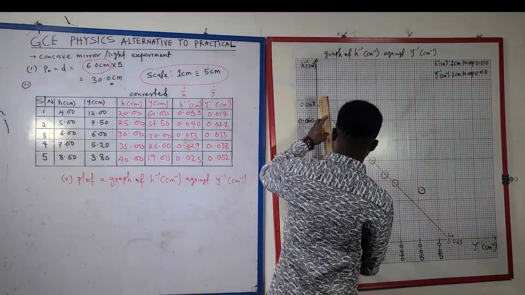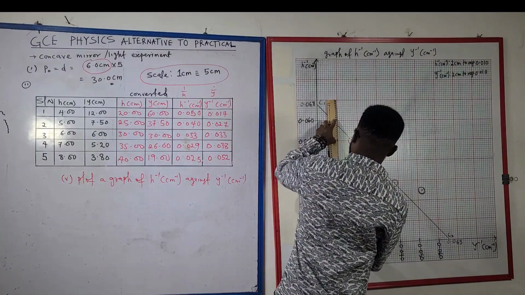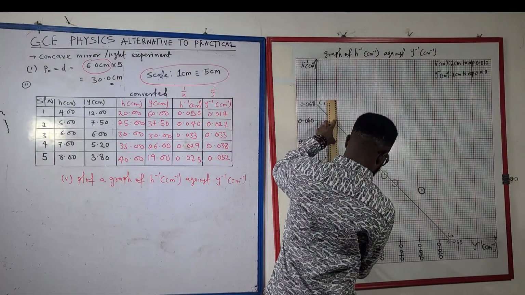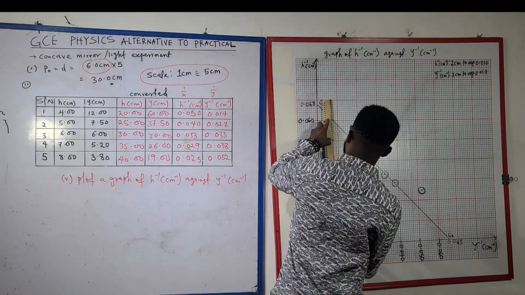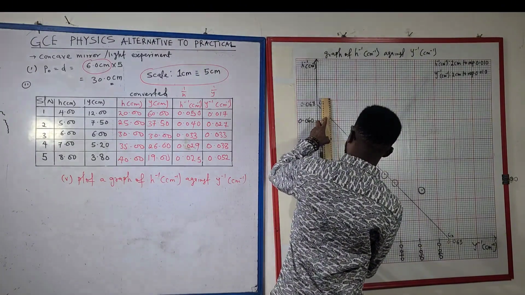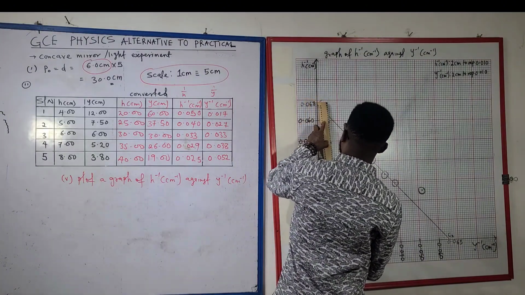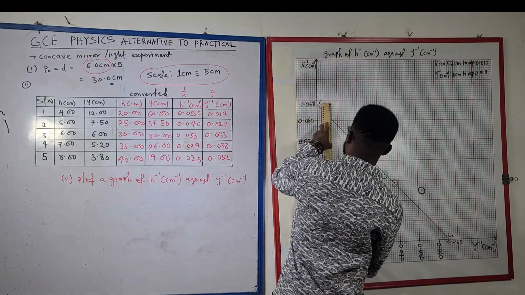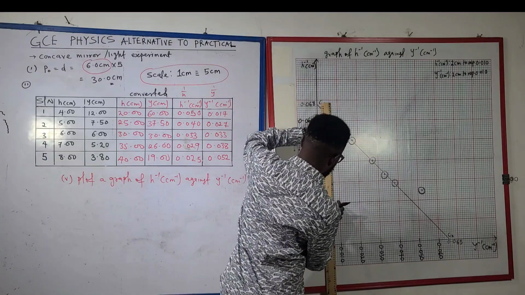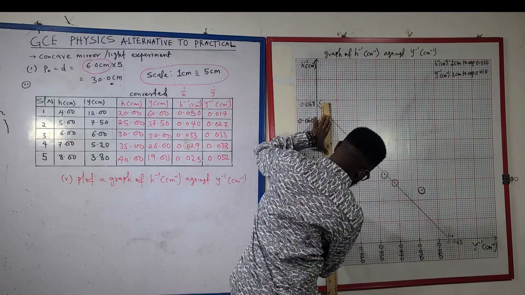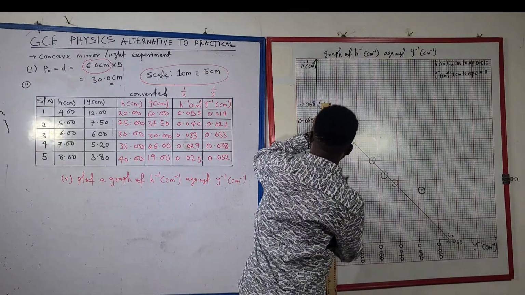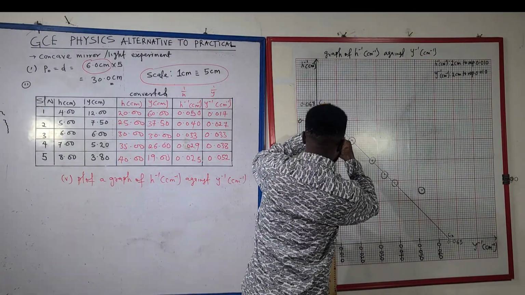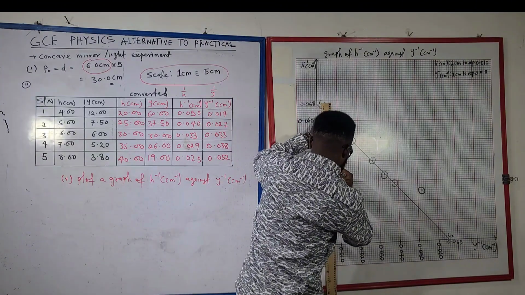Now let me deal with my slope. For my slope, I pick any point I am comfortable with. That's what I'm going to use. I'll pick points I'm comfortable dealing with. So I've been able to get a point.